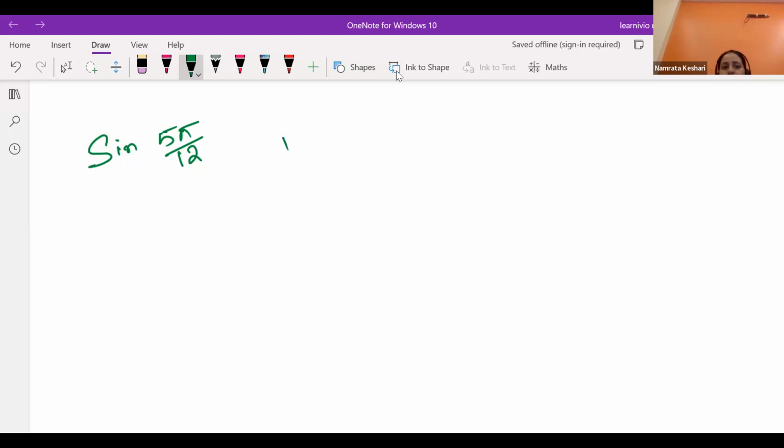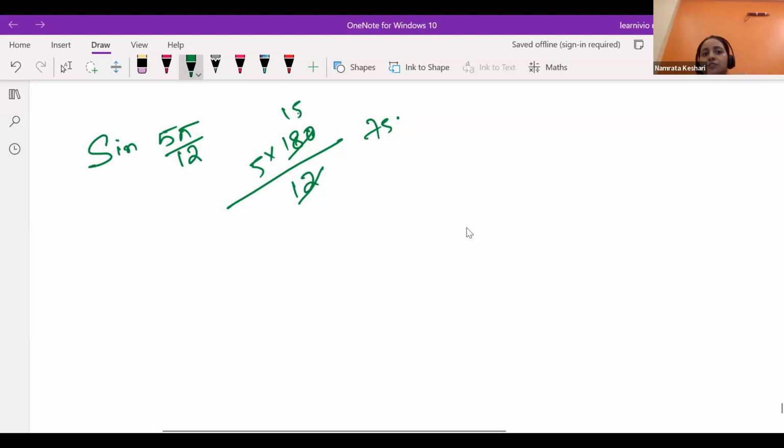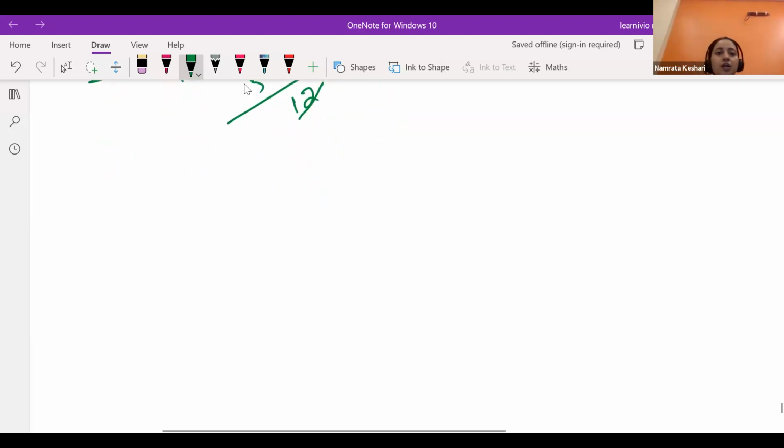Pi is 180, so if we check what exactly this angle is, we get 75 degrees, right? Which can be taken as 30 plus 45, right? And then we can use the formula. So you will be able to do it, right?